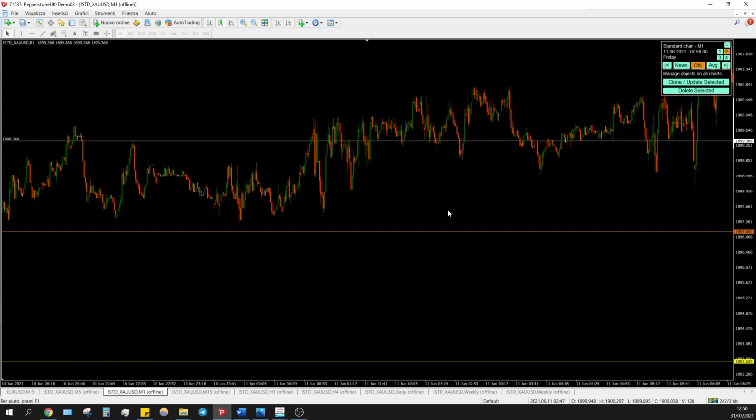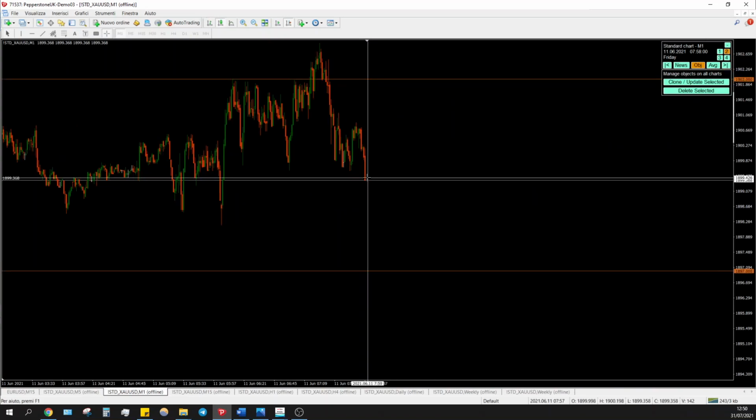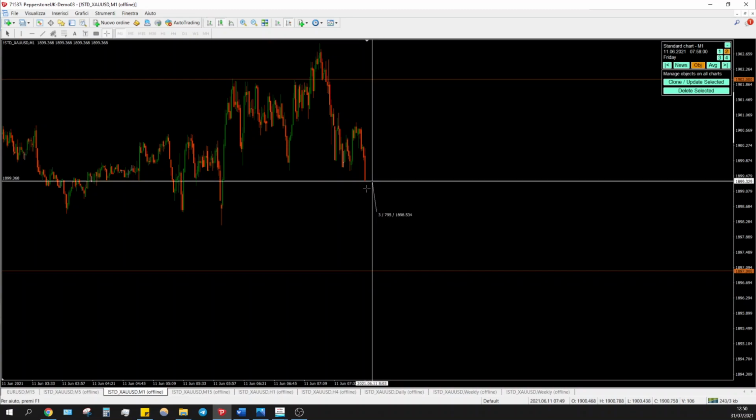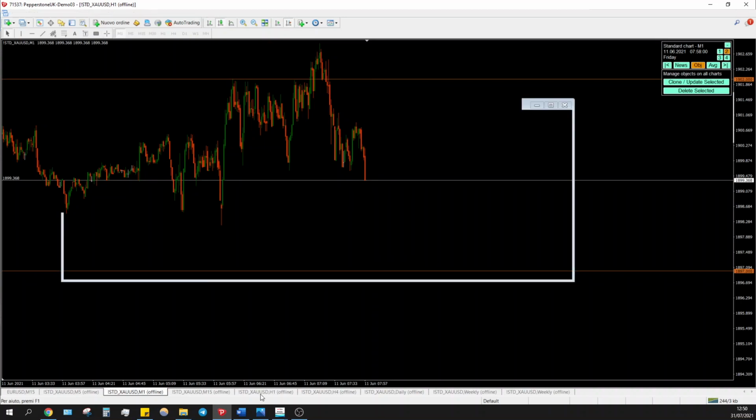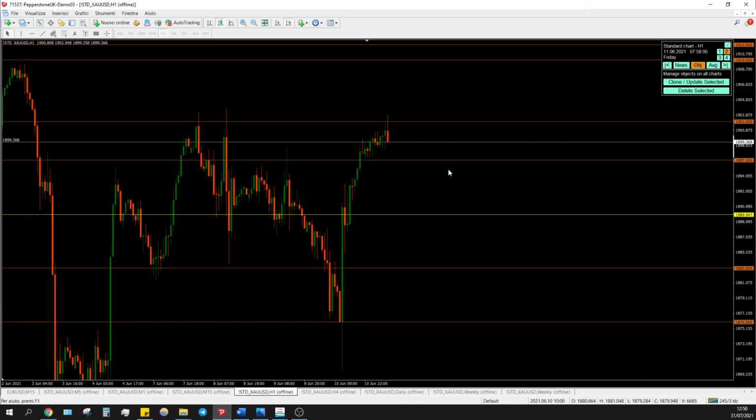Let me think about it, because now we don't necessarily have a range. We have like 15 pips stop loss here to 22, and then we have another key level. Let me see if it played an important role. 1897, yes. So I think that the safest way is to take sells below 1897.